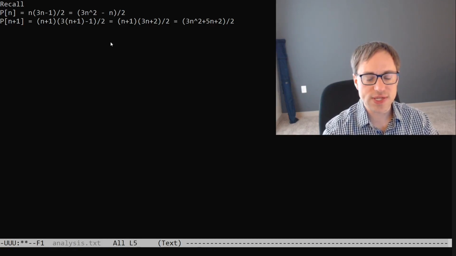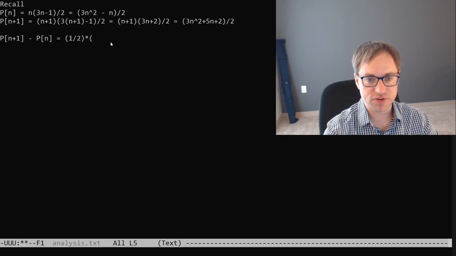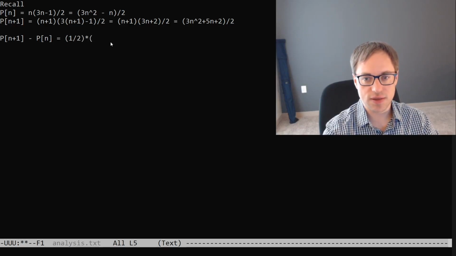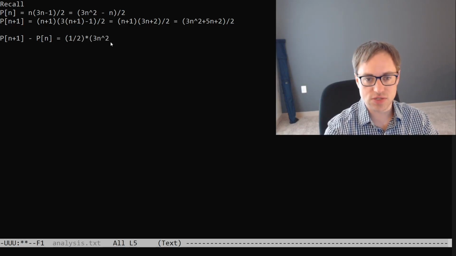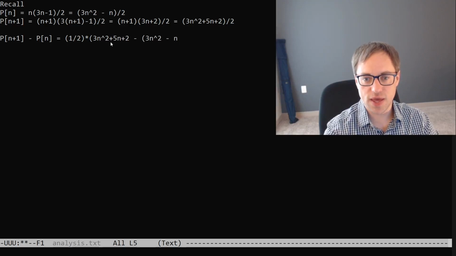Okay, so now we can take the difference of these two expressions. So we'll say P(n plus 1) minus P(n) is going to be 1/2. We'll factor that out first. And then we'll have (3n squared plus 5n plus 2) minus (3n squared minus n).